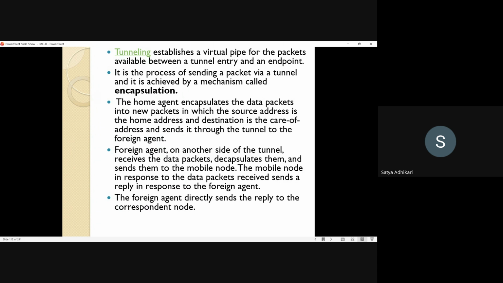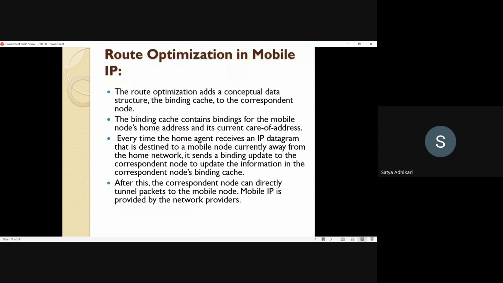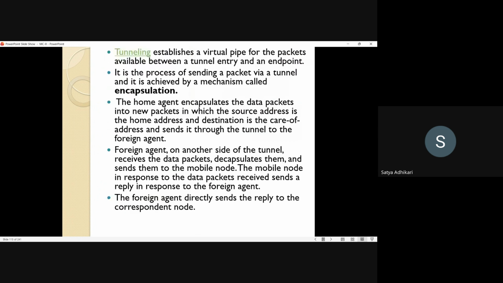After getting the data, you see there is an arrow line from the foreign agent to the mobile node. So the foreign agent delivers data to the mobile node. Once the mobile node receives the data, it sends an acknowledgement to the foreign agent, and the foreign agent sends that acknowledgement directly to the correspondent node. Okay. So in this way, mobile IP works.